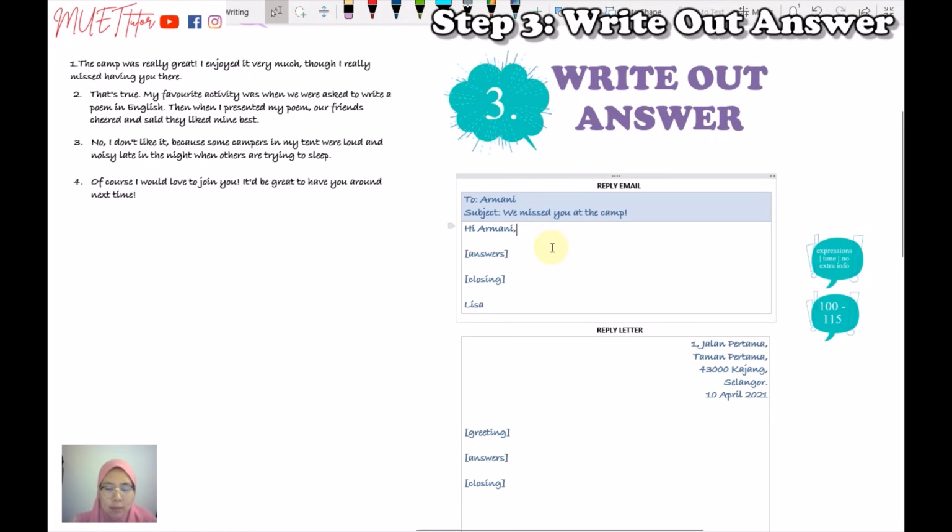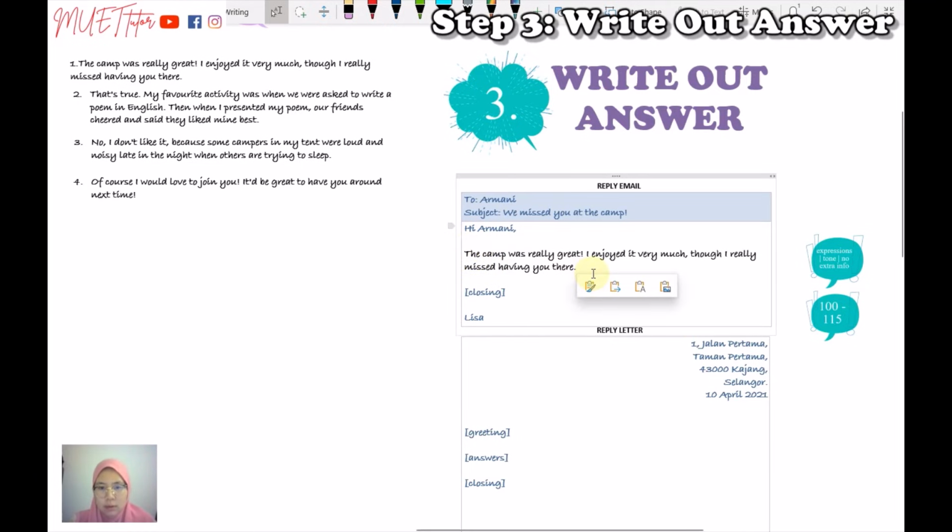Then you bring the points that you've planned earlier here and bring it into the email. Again, your answers should be arranged following the sequence in the question. So I'll start with the first one. I'll copy this and put it here. So that's the first paragraph. You can do it by paragraphs, so it's clearer for you and the examiners, I believe.